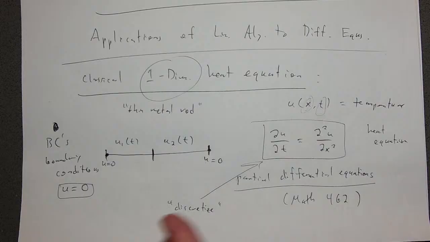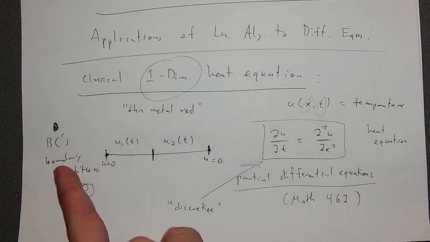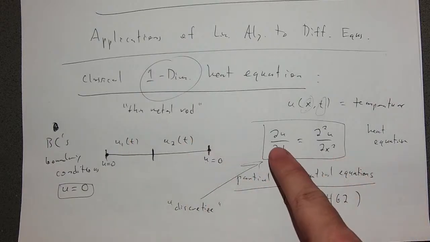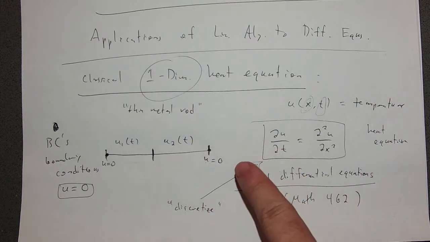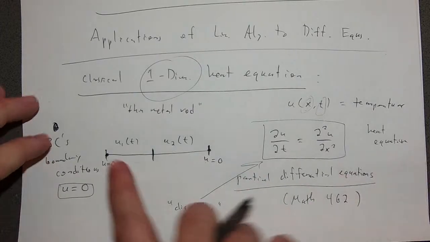So for example, heat might leave the left endpoint of the first region at a rate of U1 of t, and it leaves the right endpoint at a rate of U1 minus U2 of t, which gives us this differential equation from what I just described.